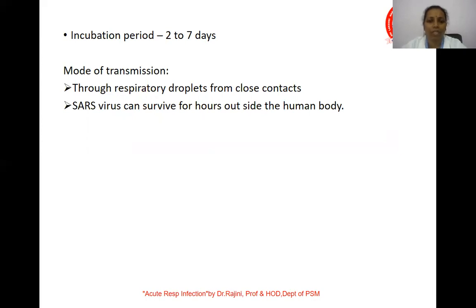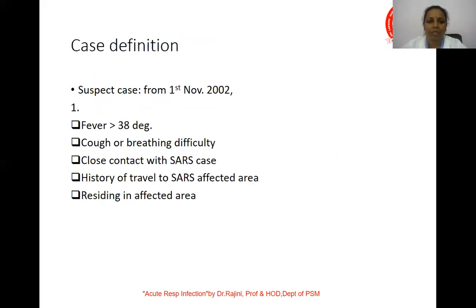So always use a mask when you step out of your houses, so that you can protect yourselves from these life-threatening respiratory infections. Now the case definition: how do you define a suspect case? Fever more than 38 degrees, cough or breathing difficulty, close contact with SARS, history of travel to a SARS affected area, residing in an affected area. So these are the case definition.